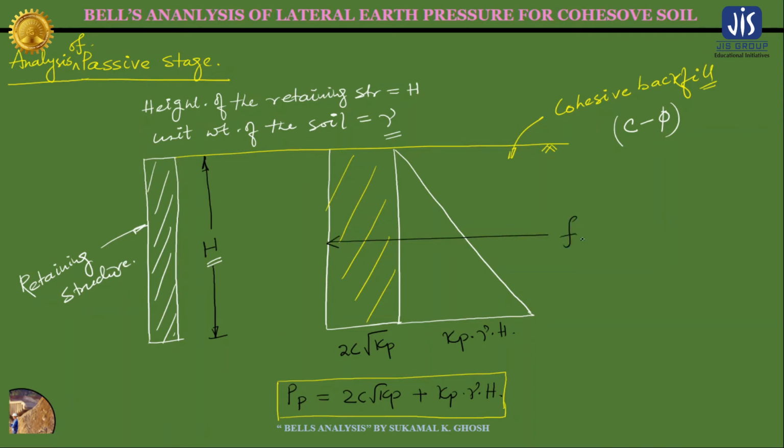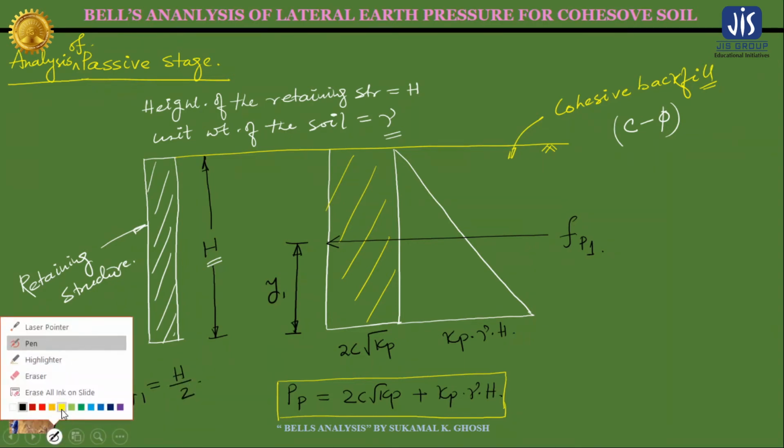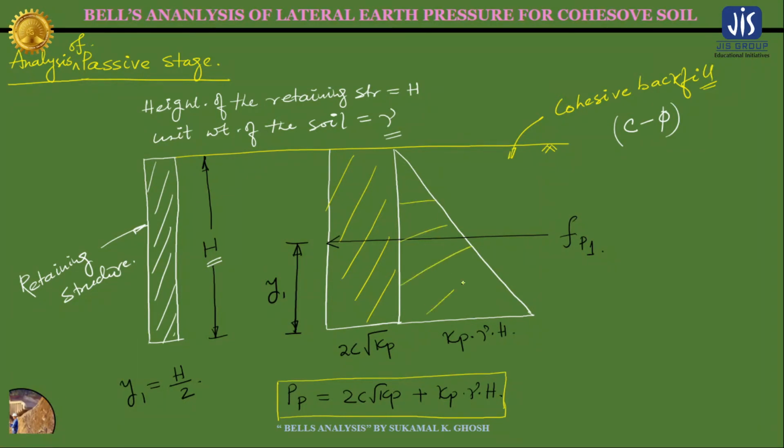Suppose this is Fp1, okay, and this height is suppose y1, where y1 is h by 2, okay, and due to this triangular passive earth pressure distribution, the resultant force will act, suppose here it is Fp2, okay, and this height is, let me consider y2, where the y2 is h by 3, right?